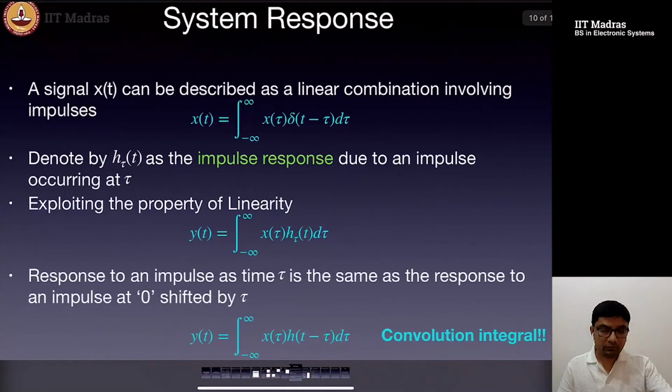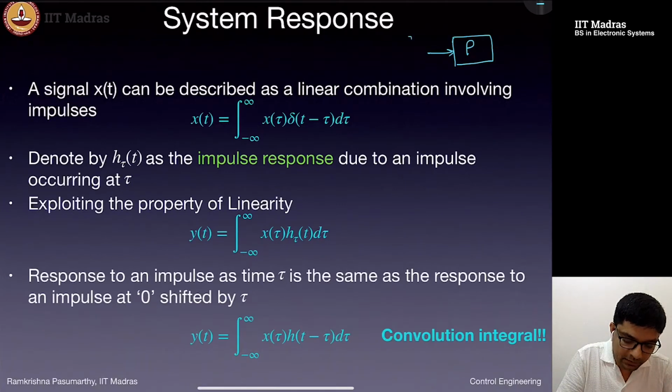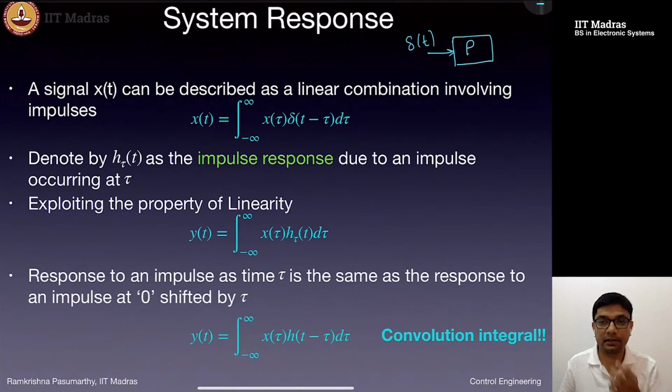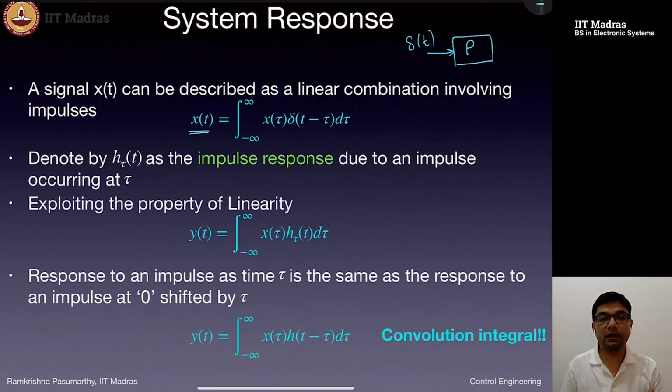Okay, now my idea here would be to see, I have a system, I'll slowly start calling it P, and I subject it to some signals. So a signal could be as simple as an impulse. Now, from the signals course, I would not really go into details of this. I can represent any signal as a linear combination involving delayed impulses.